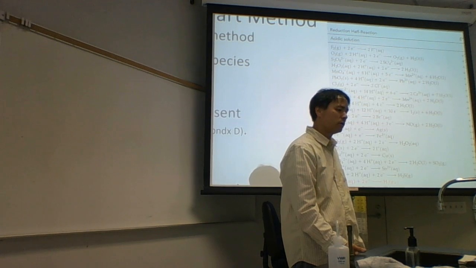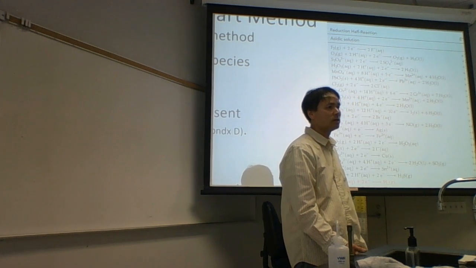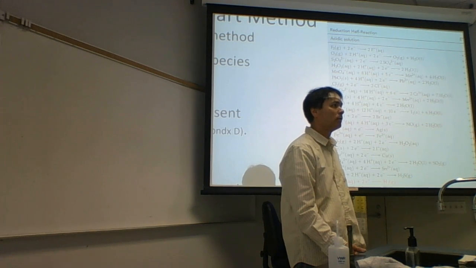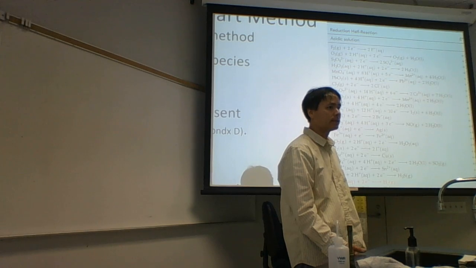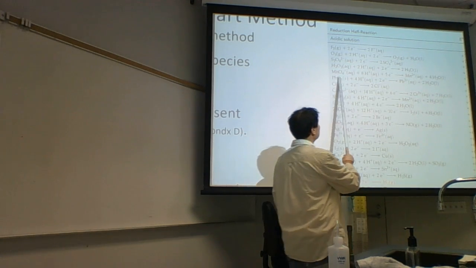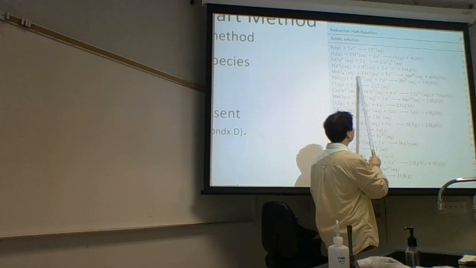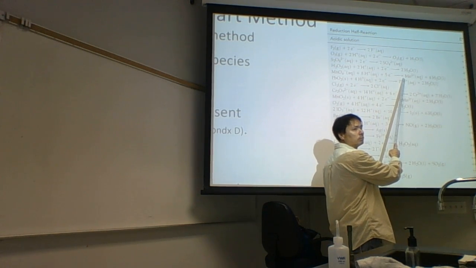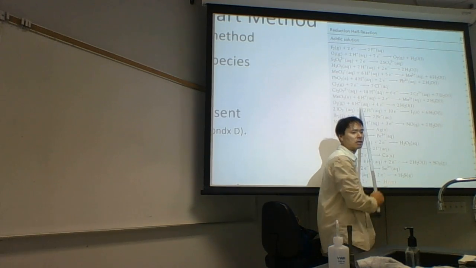If we were going to do it in more detail, we'd use a potential diagram to see what other products are going to form. But that's too much for us. What we want to know is just the basics, how does it behave? And in fact, most of the reactions you do, you take permanganate. Permanganate's a great oxidizer in acid, and it goes to manganese 2. Most reactions. So these are the common ones.